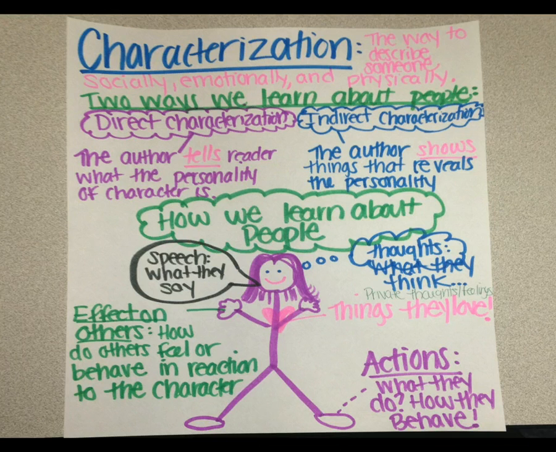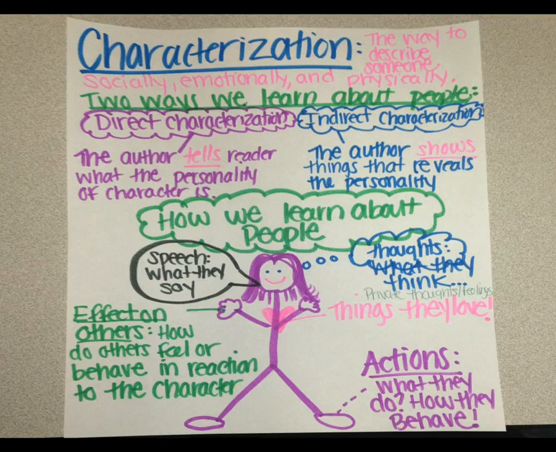It's all good. But if you notice, the way we learn about people, the way we collect evidence, is by their thoughts. What they're thinking. Sometimes they can be private thoughts, or sometimes it's said out loud.